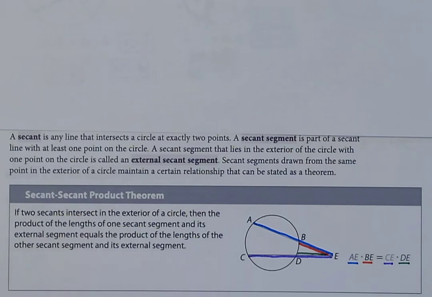So the secant is AE and its external segment is BE. Whenever they talk about an external segment, it's outside of the circle.